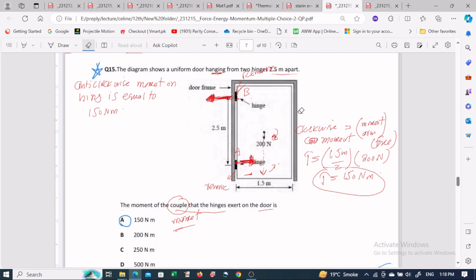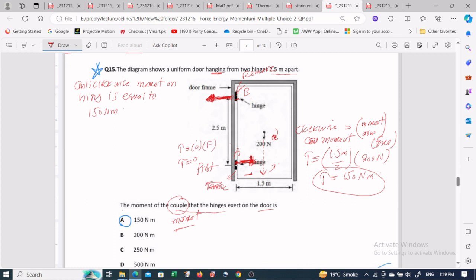Now we see that all the forces are balanced. There is a clockwise moment of 150 newton meter. If we take A as a pivot point, the sum of moments must be equal to 0, because at the pivot point the moment arm is 0, since tau is equal to distance, which is 0, multiplied by the force.